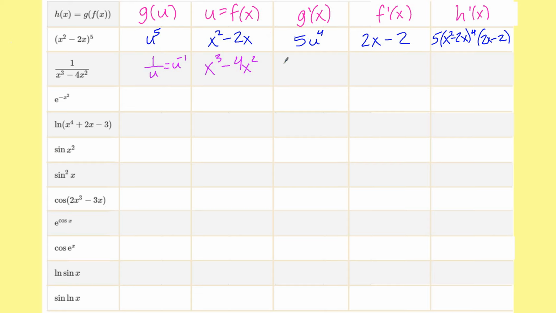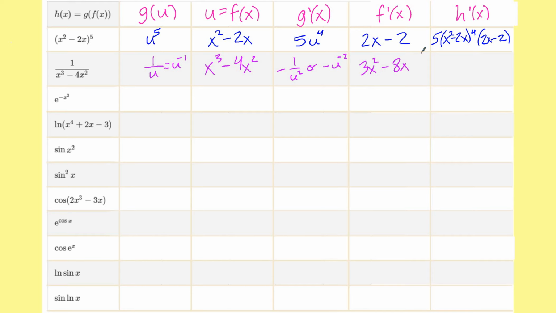If you did the left side, it would be negative 1 over u squared, or you had negative u to the negative 2. The derivative of f would just be 3x squared minus 8x.